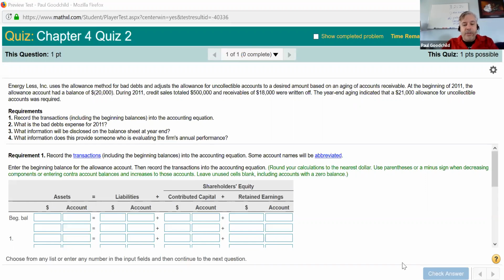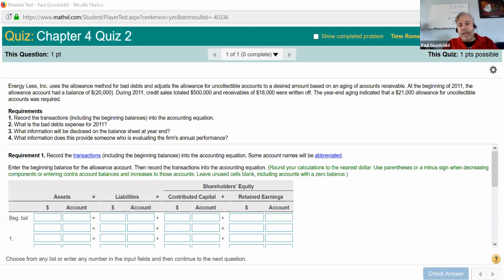What we have is a beginning balance in the allowance of 20,000. And it says we wrote off 18,000. The year-end aging indicated that a 21,000 allowance for uncollectible accounts was required.